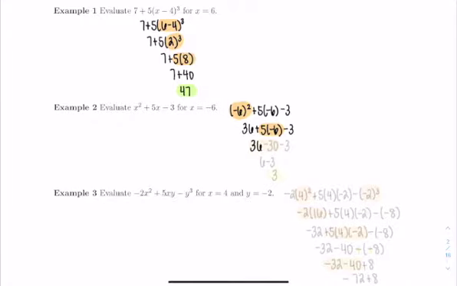And so 5 times negative 6 is negative 30. Then we want to approach our addition and subtraction from left to right. So looking at 36 minus 30 first, this gives me 6 minus 3, and 6 minus 3 is just 3.